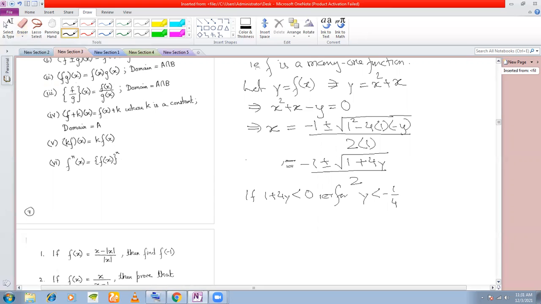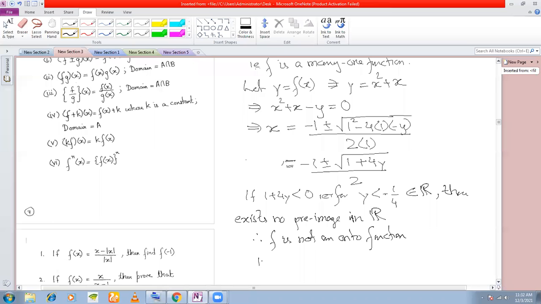For these values, y less than minus 1 by 4 belonging to R, there exists no pre-image in R, because these will be complex numbers. So therefore, what can we say? f is not an onto function. That is, f is an into function.